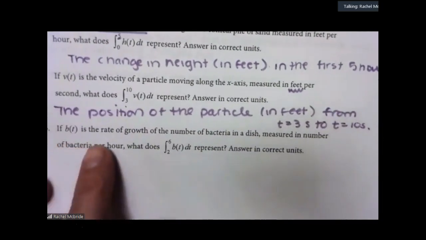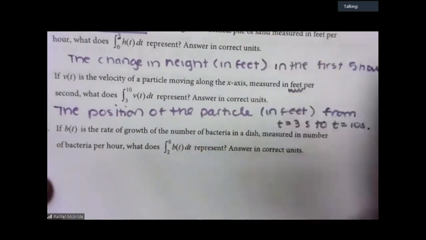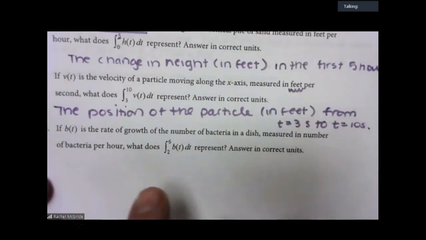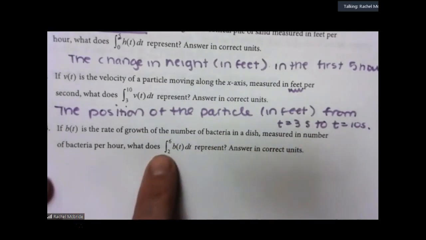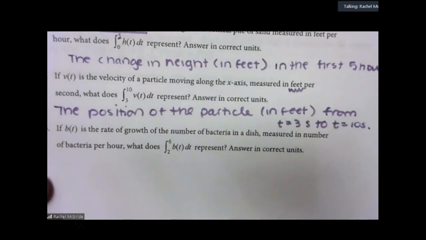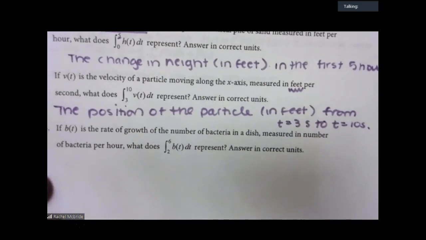Okay, if B of t is the rate of growth of the number of bacteria in a dish, measured in the number of bacteria per hour, what does that represent? Once again, it would represent the change in bacteria from hours 2 to 6.